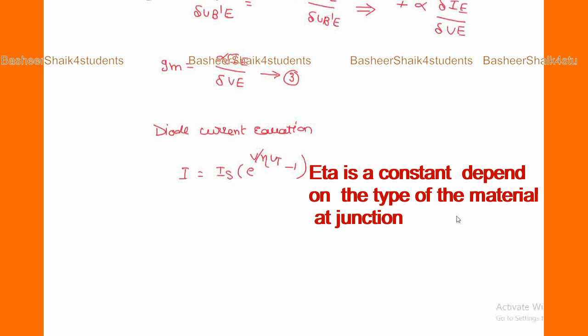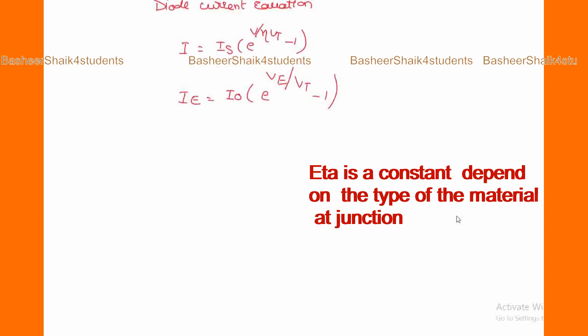So we are adapting the same to the corresponding transistor. Then the emitter current IE is equal to I naught, the saturation current, into e power of the applied voltage VE by, considering eta equal to 1, Vt, minus 1.